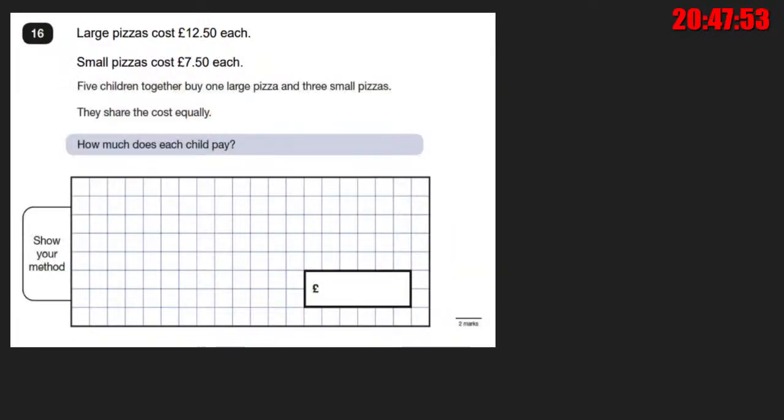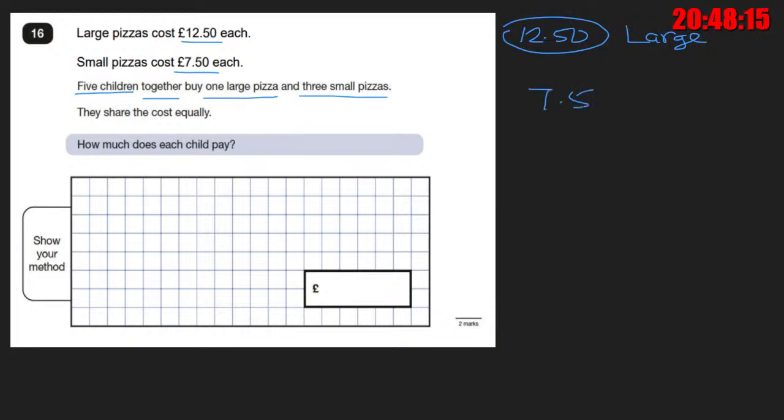Question number 16. Large pizzas cost $12.50 each, and a small pizza is $7.50. 5 children together buy one large pizza, so $12.50 they spend for the large pizza, and they bought 3 small pizzas, so $7.50 times by 3. 3 times 0, 0, 3 times 5, 15, 1 remaining, 3 times 7, 21, plus 1, $22.50.